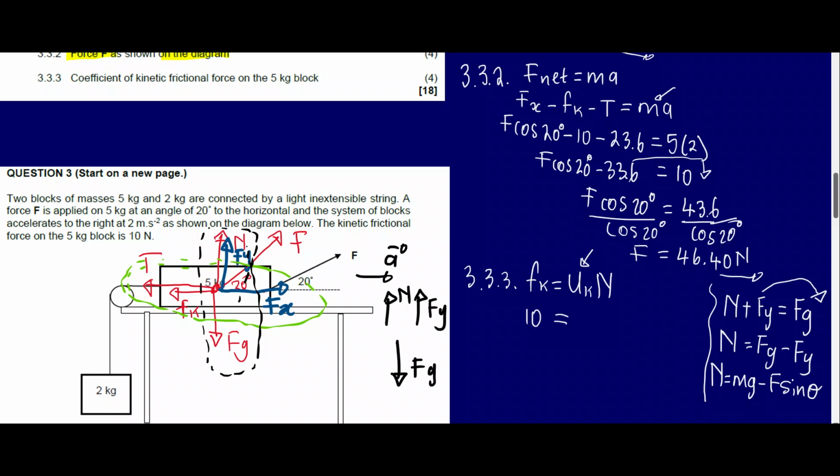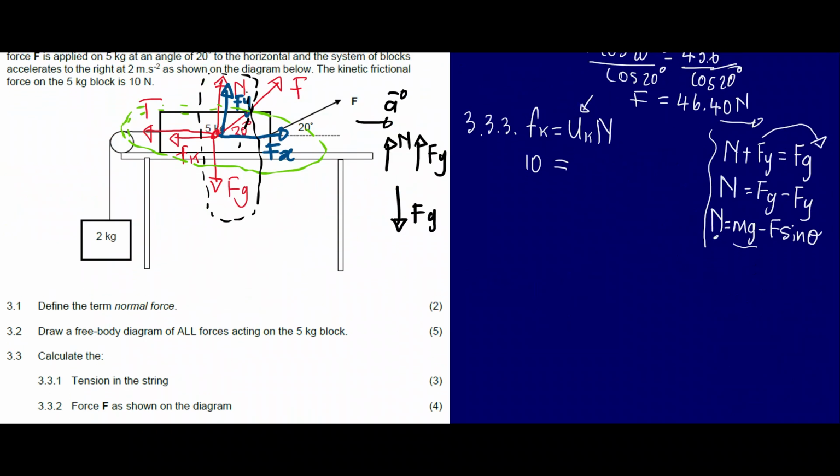So if you see this kind of situation where the object is being pulled at some angle, it's a pulling force, then the normal force would be equal to the weight of that object minus the y component contributing towards the upward direction. I'm not going to focus more on that, but I will discuss this with you in the upcoming videos.